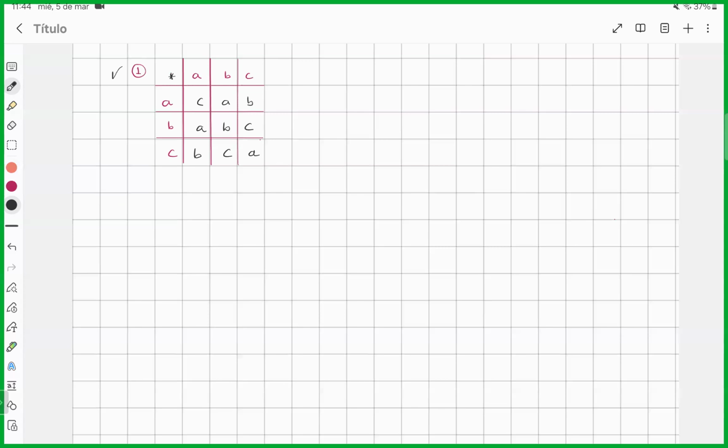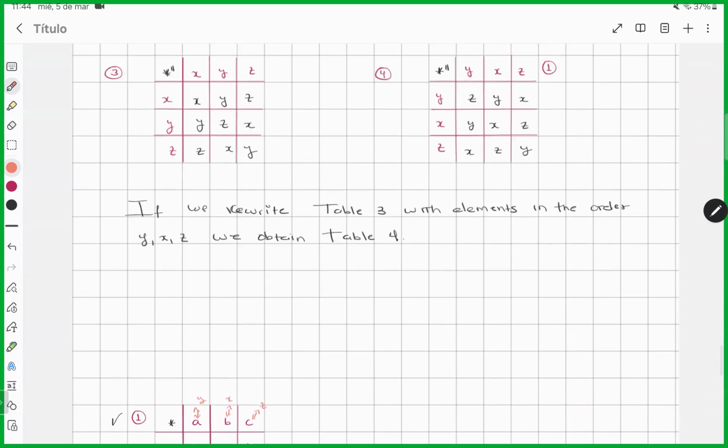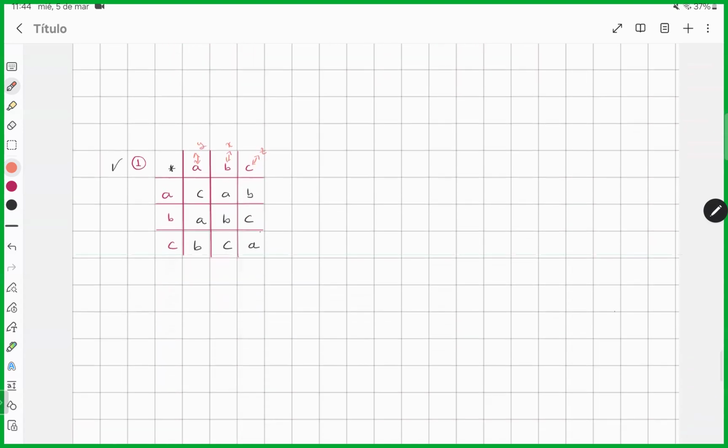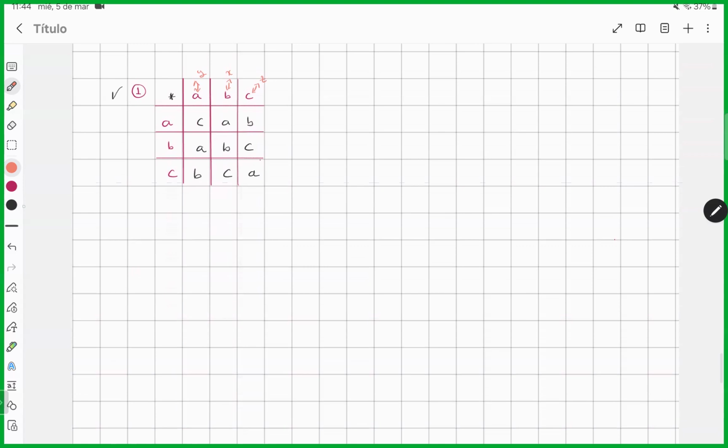We can observe that if we replace all occurrences of A by J, all occurrences of B by X, and all occurrences of C by C, we will get exactly table 4.